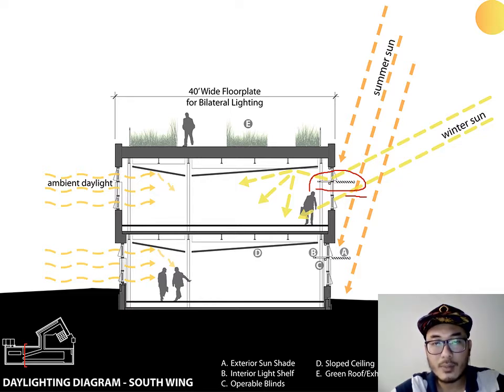It is designed for different usage. So here you can see the label A here is actually an exterior sunshade. This is to protect the building from being heated by the summer sun, especially through the window.